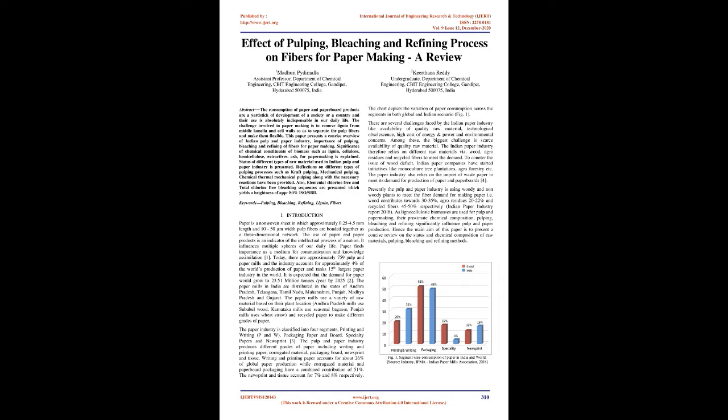Reflections on different types of pulping processes such as Kraft pulping, mechanical pulping, and chemical thermo-mechanical pulping, along with the necessary reactions, have been provided. Also, elemental chlorine-free and total chlorine-free bleaching sequences are presented, which yield a brightness of approximately 80% ISO/SBD. Keywords: pulping, bleaching, refining, lignin, fibers.